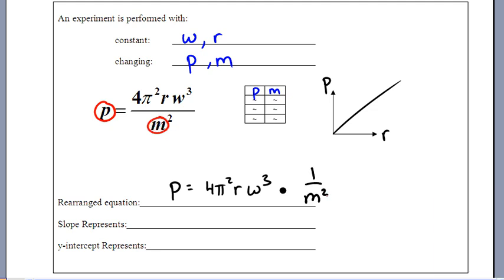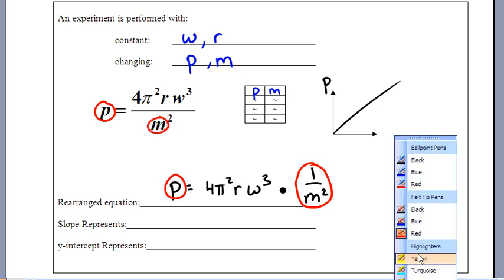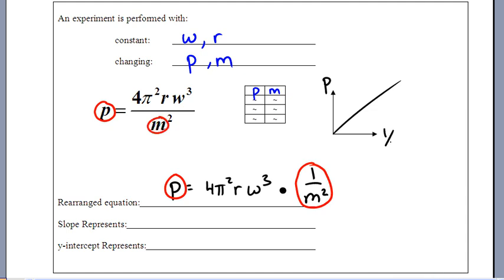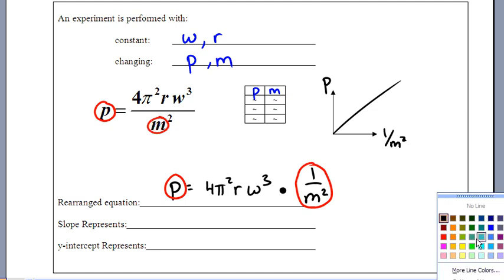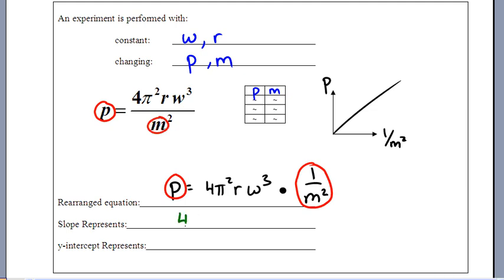That would be my across axis, and that could be my up and down axis. And so my graph would have 1 over m squared down here. And then what does the slope represent? Well, all this stuff right here, 4 pi squared r w cubed.